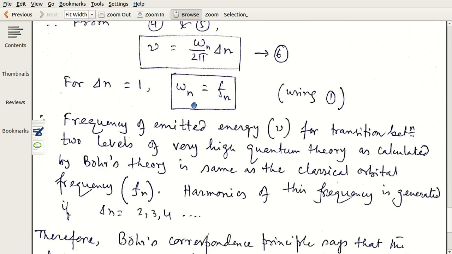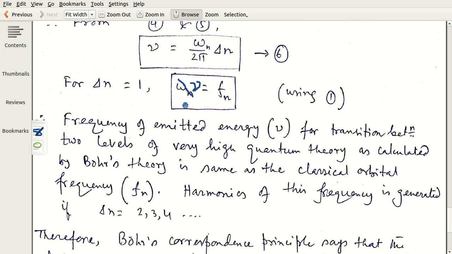I am sorry, I have made another mistake in the symbol here. It is nu equals Fn. Nu equals omega n by 2 pi. So it is nu from equation 6. So nu equals Fn.